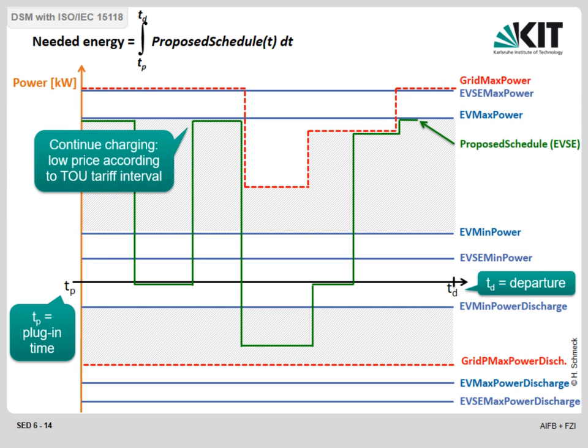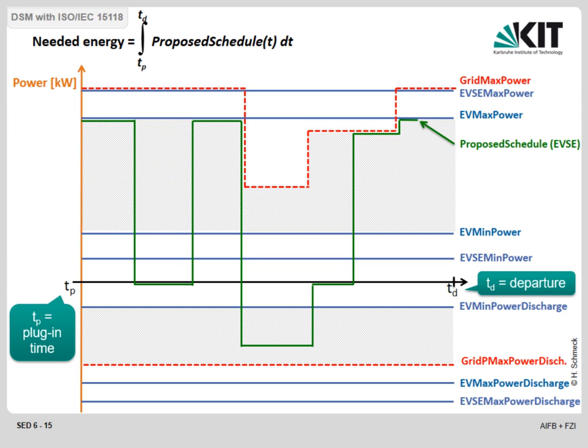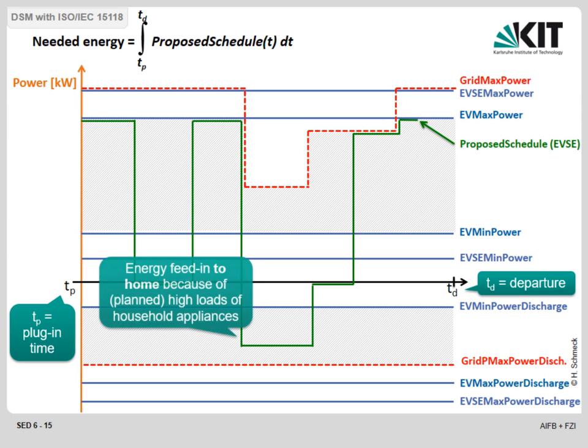So you continue charging. Maybe there's a low price according to the time of use tariff. And then you have problems with the maximum load that is possible. During that time, it might even be beneficial for the environment that you feed back some power into the system, because there actually seems to be a need for power. So here you recharge the battery at a low price.